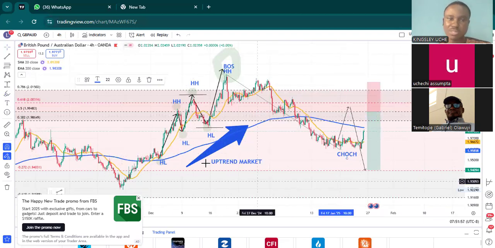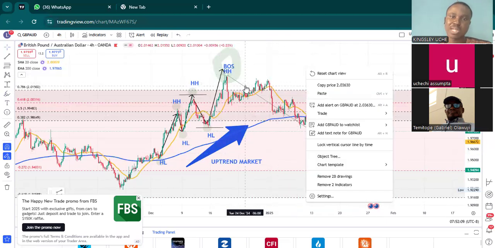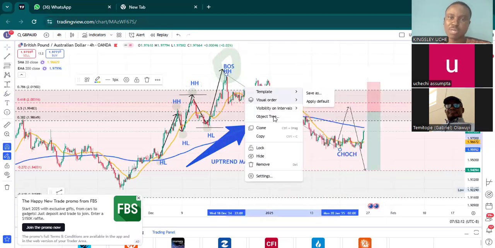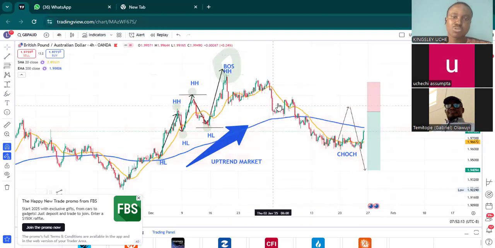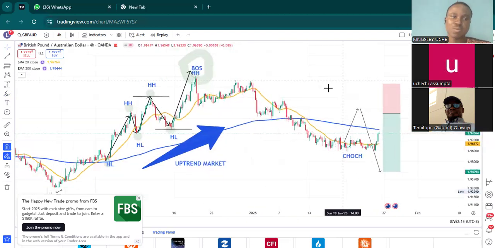This is what the tool does: it helps you measure where the market will get to and where the market will not get to. In this case, I'm going to take out this Fibonacci retracement tool right now, and I'm going to draw it again so we see how it works.